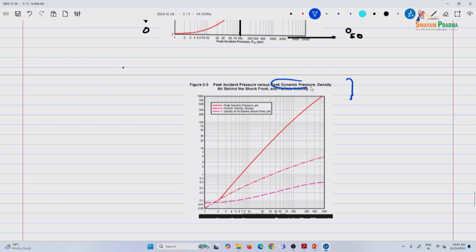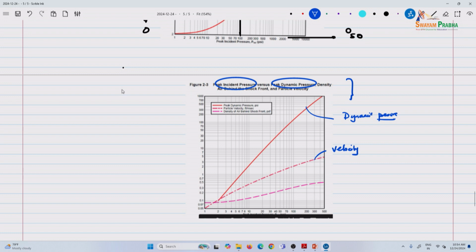This is the peak dynamic pressure, this is the peak incident pressure, and the density of the air behind the shock front. So, there are 3 different things: the peak dynamic pressure and the particle velocity. This is a curve that gives you the particle velocity, and this is the dynamic pressure in psi. This is in terms of the incident pressure.